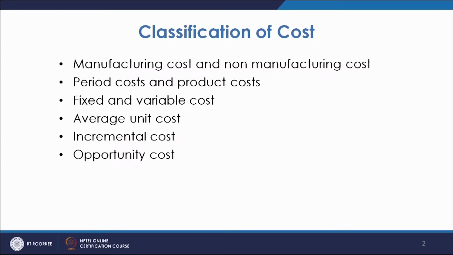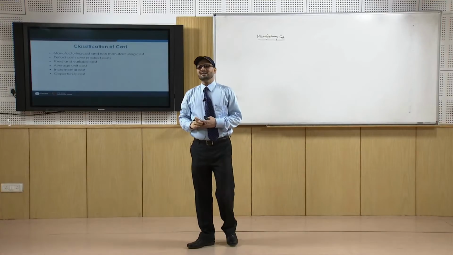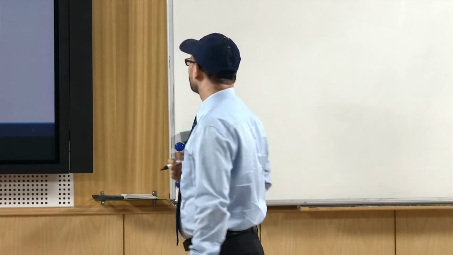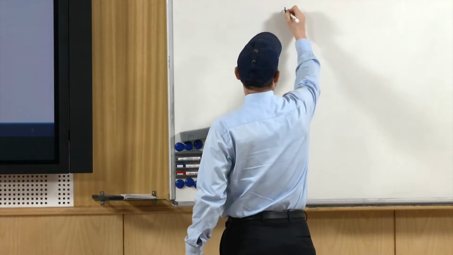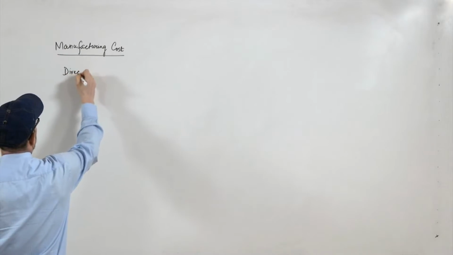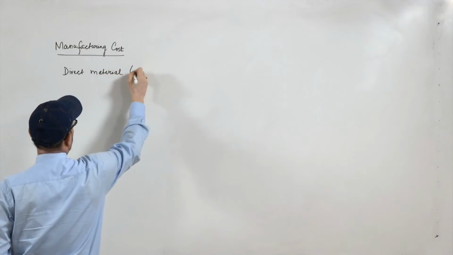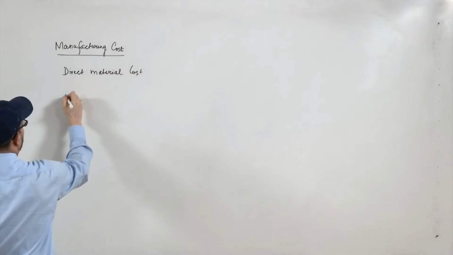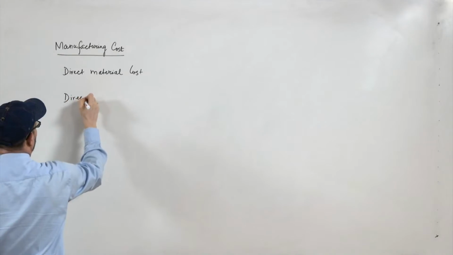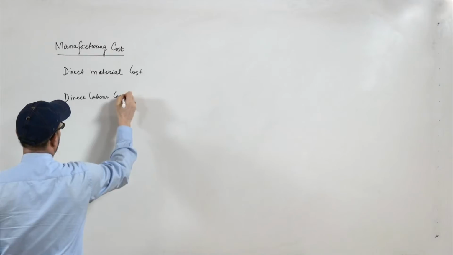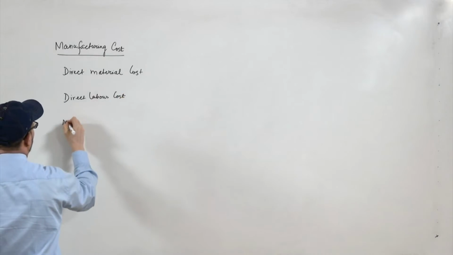In the manufacturing cost, you use direct material, direct labor cost, and manufacturing overhead.